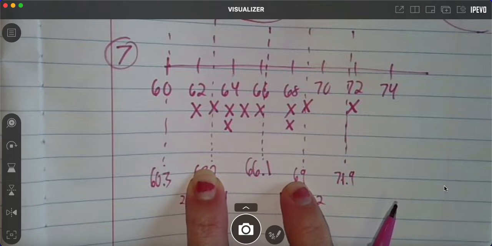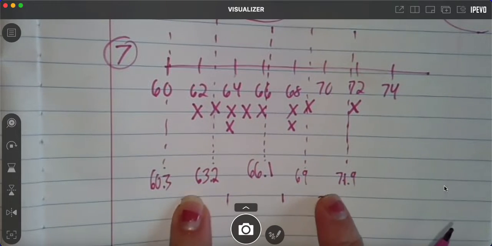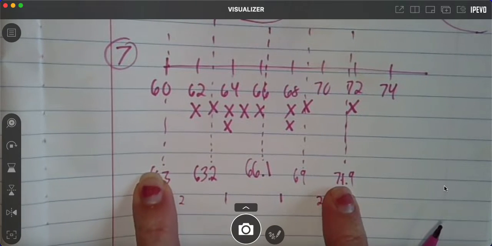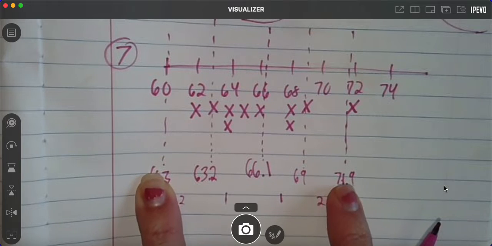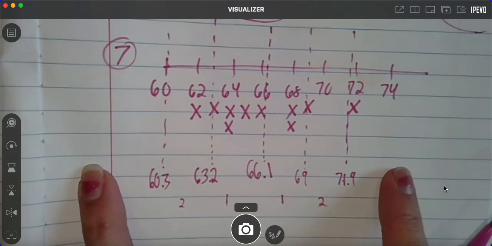It did not include all my data. So I'm going to add and subtract the standard deviation of 2.9 again. When I do that, does that include all my data? Look at that little X at 72. Did I include it? No. So guess what I have to do again? I have to go out one more standard deviation.